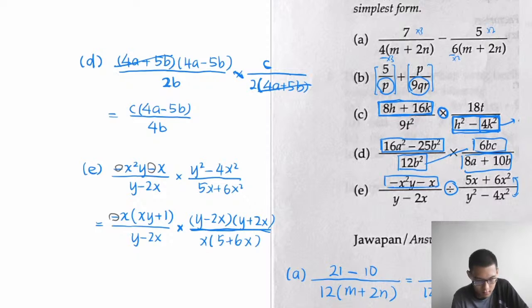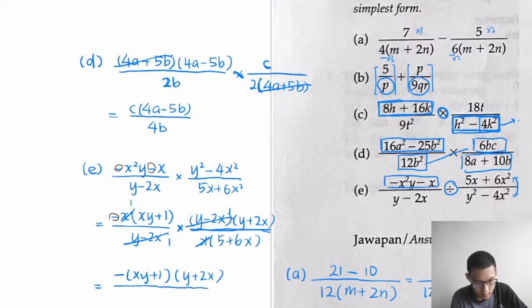Okay, so let's see, do we have common multiples? Here we have, simplify it. So we have this one, simplify it, becomes 1. So the negative hasn't simplified yet, so we still continue this. Negative x, y plus 1 times y plus 2x, another one is 5 plus 6x.